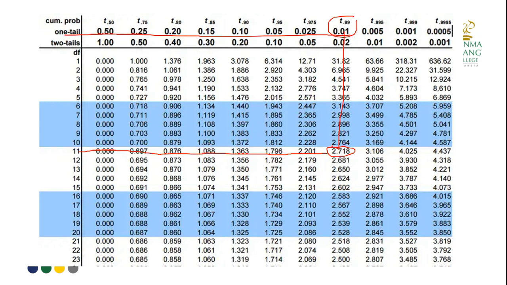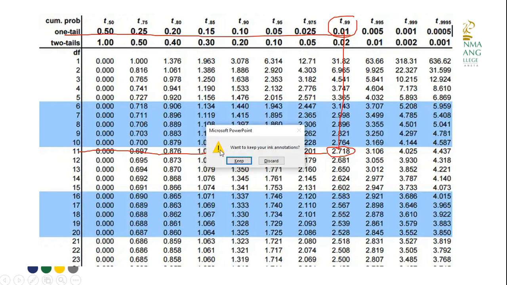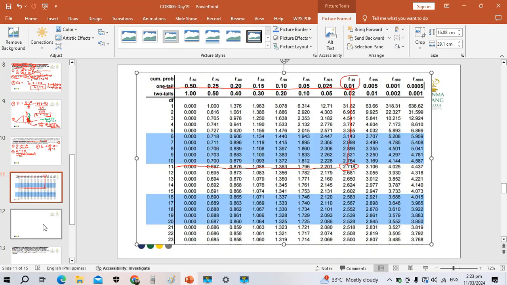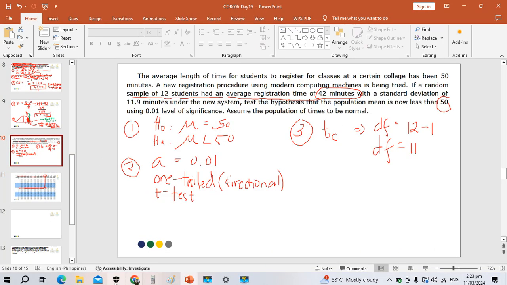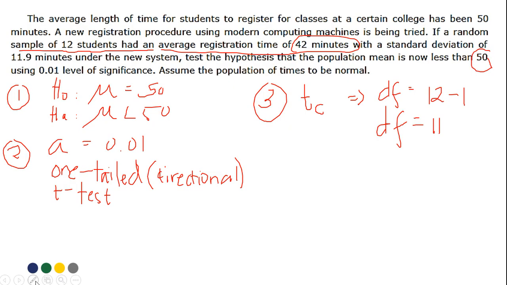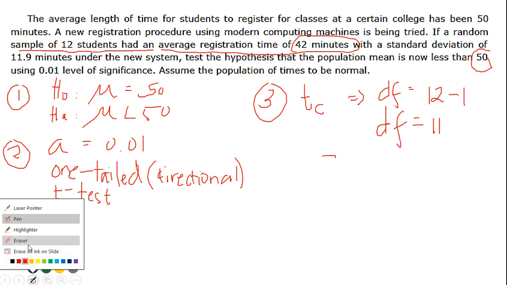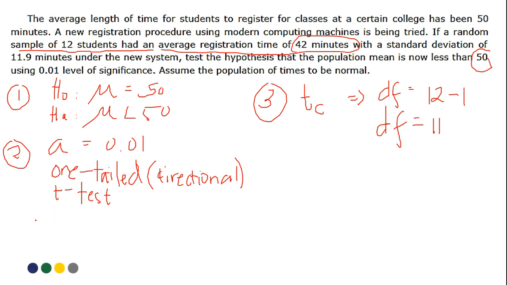Thank you. So that is the technique on how to find the value of the critical region for the t-test. The z-test values are already in the table in your module. So we're going to write 2.718 as the critical value, TC, not Z, because the statistic here is T. Is the critical region less than or greater than?